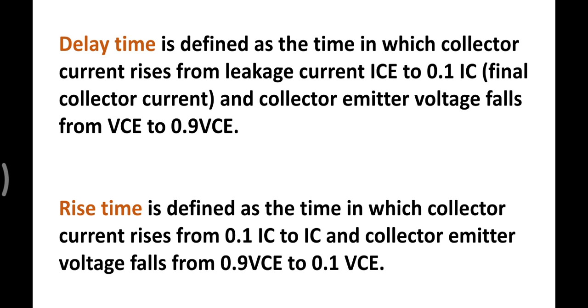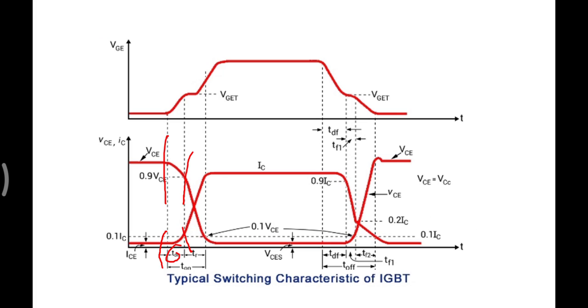So how can we define rise time? The time taken to rise the current from 0.1 IC to IC, and with respect to collector emitter voltage, the time taken to fall from 0.9 VCE to 0.1 VCE.